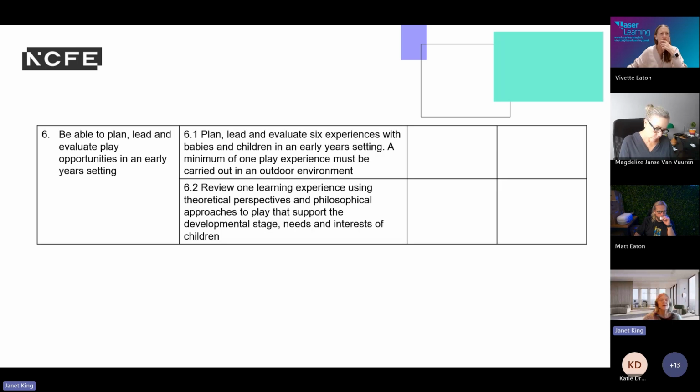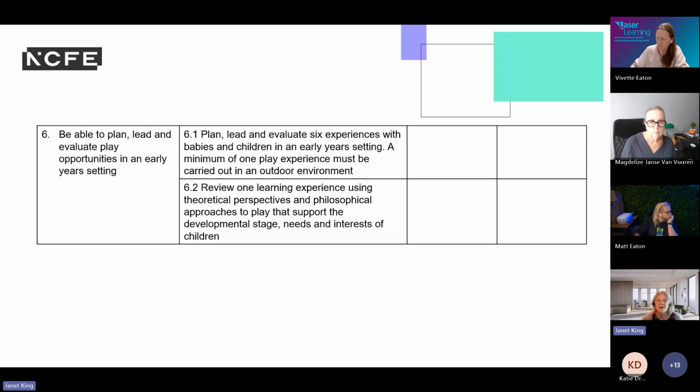So here we go with our skills. So we are planning, leading and evaluating opportunities in an early years setting. So again, we're leading and evaluating 6 experiences with babies and children. A minimum of 1 play experience must be carried out in an outdoor environment. So we're bringing that outdoor environment in again, and we're reviewing 1 learning experience with those theoretical perspectives and the philosophical approaches.